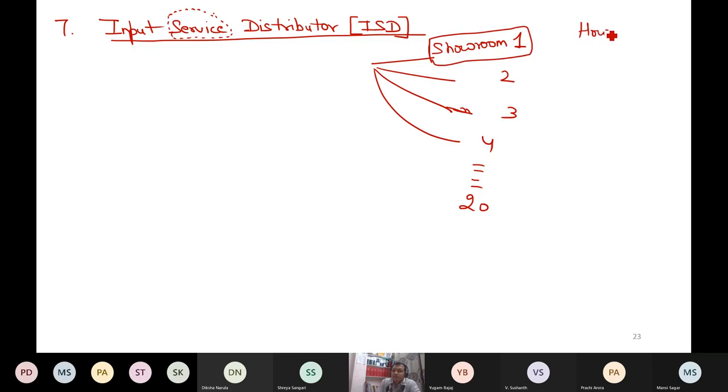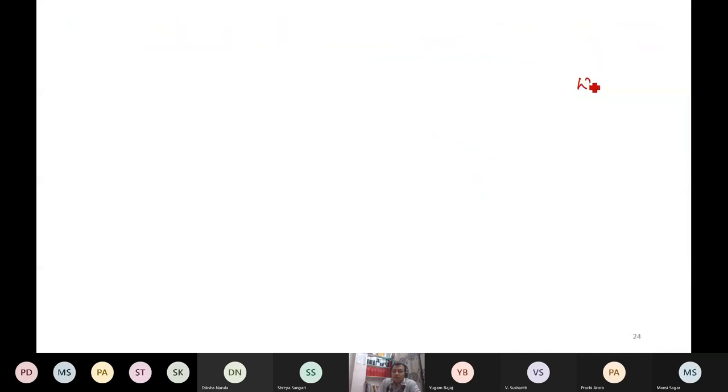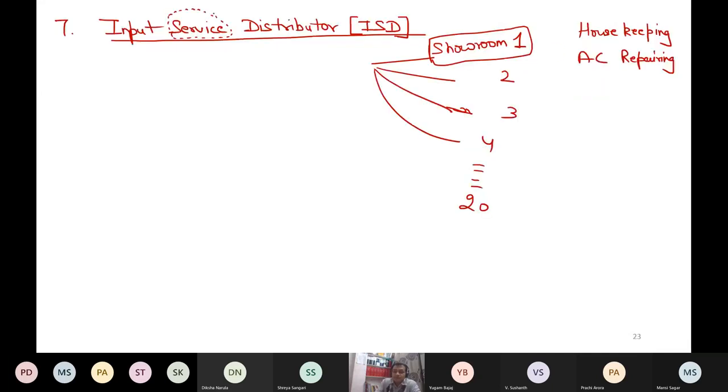Housekeeping services, AC repairing services, water purifier services, security services. There are so many services required.